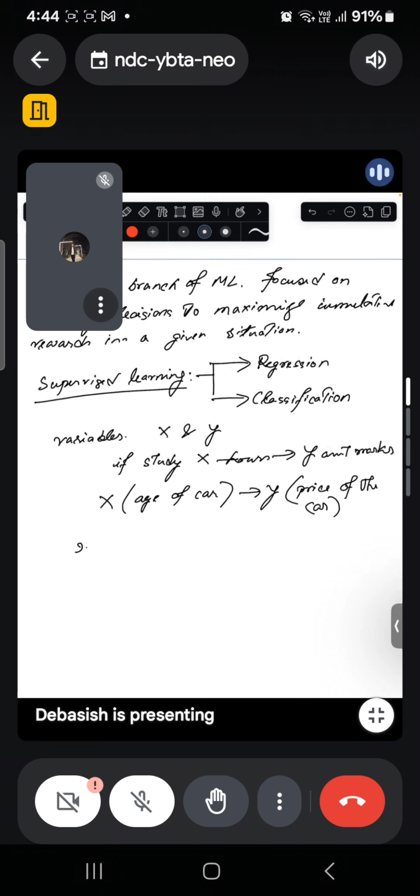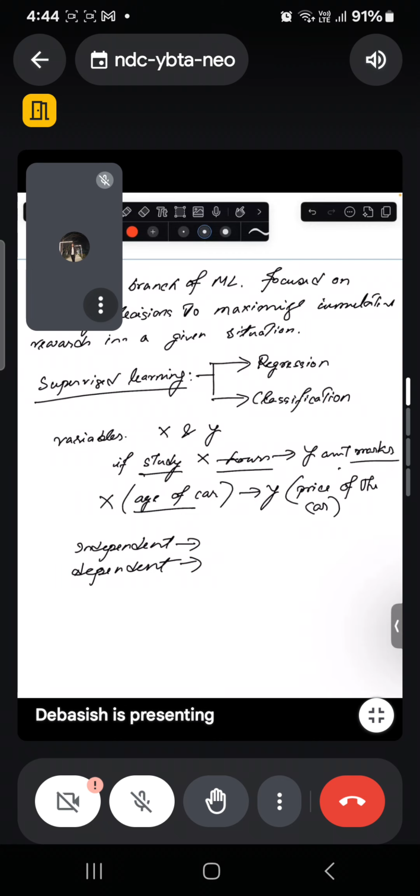Which one is the independent variable and which one is the dependent variable? In the first case, hours and marks, which is dependent and which is independent?